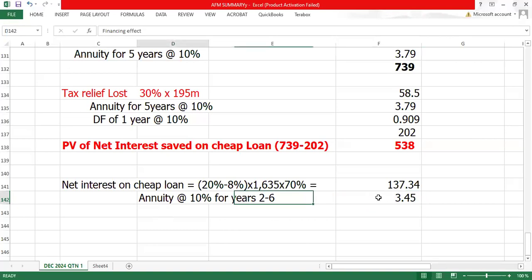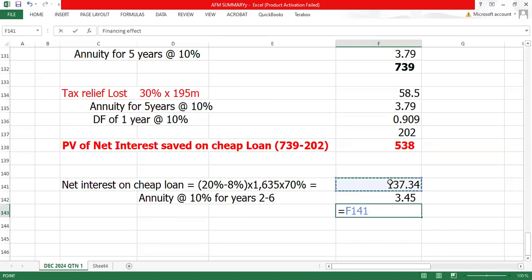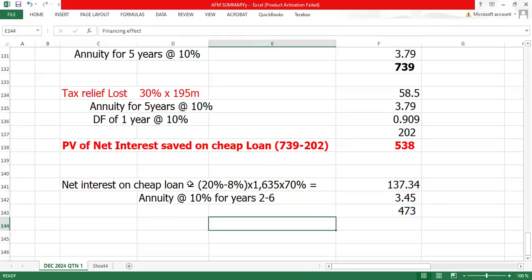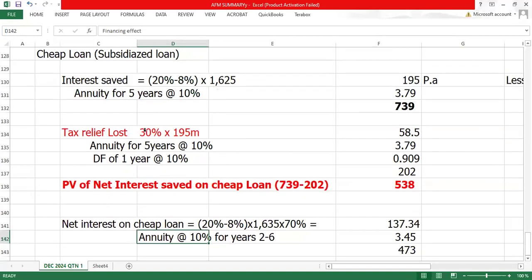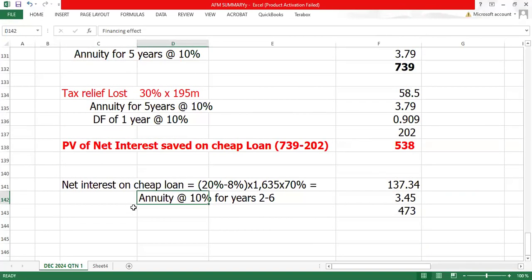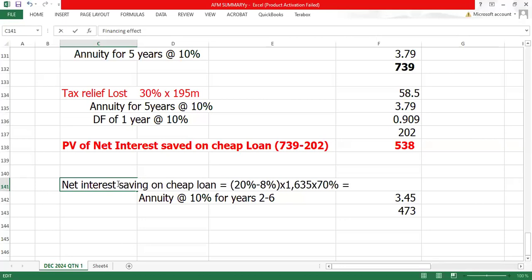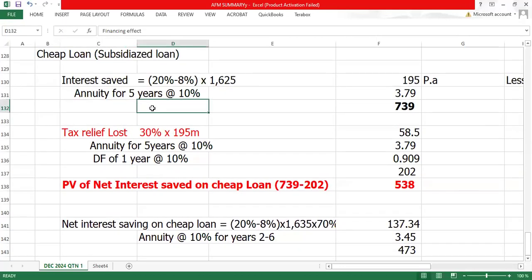Okay, that's what he used, this times this. Now his answer was this times this times this, which you see, they are totally different. And why? To me, I feel like there is a difference. Because yes, you are getting the net interest saving on cheap loan, but you are looking at the total interest saved.